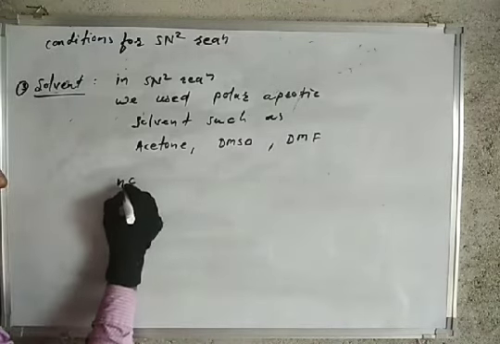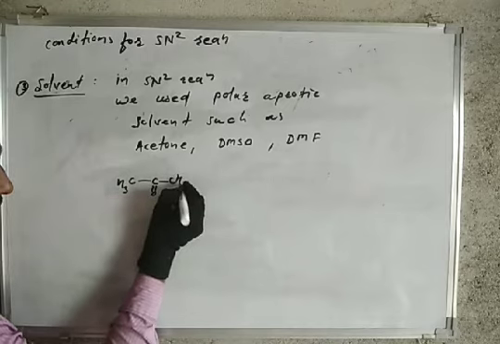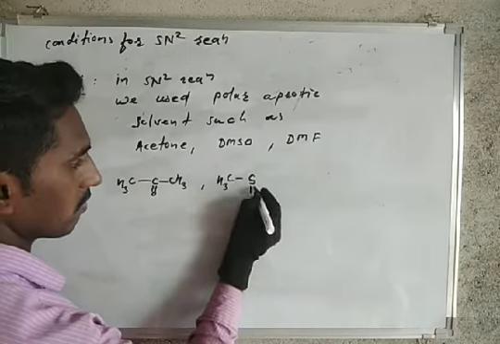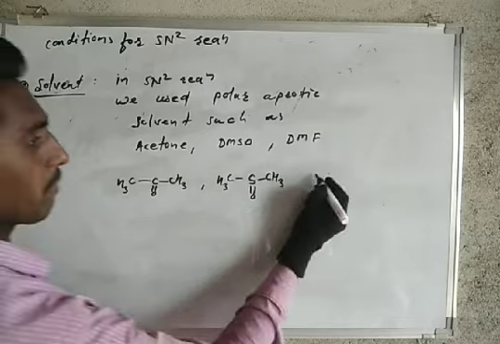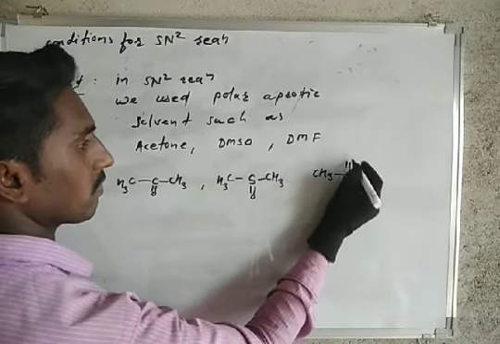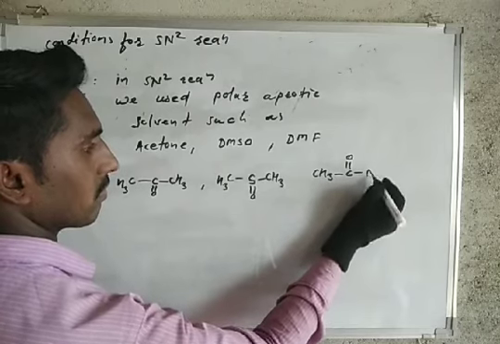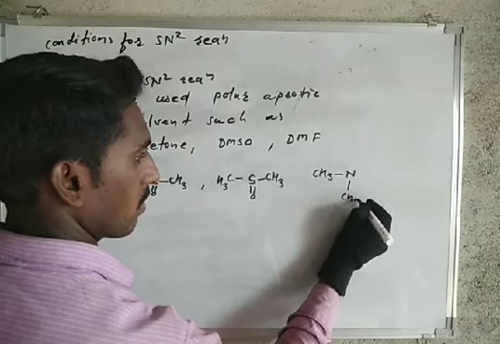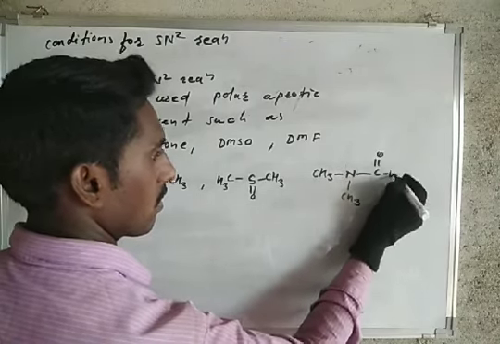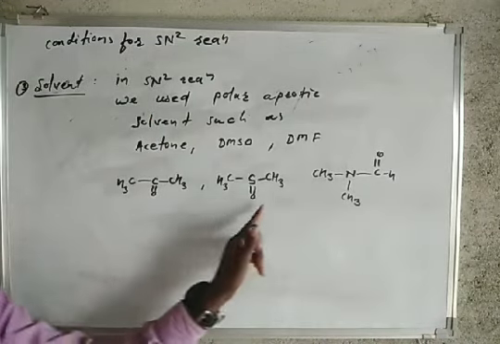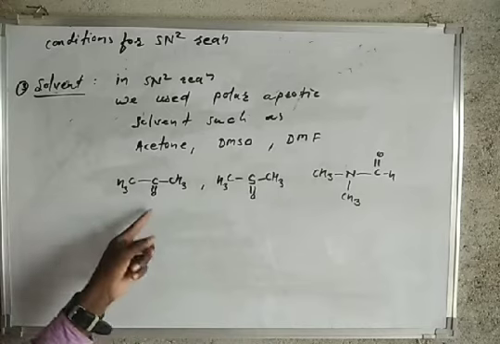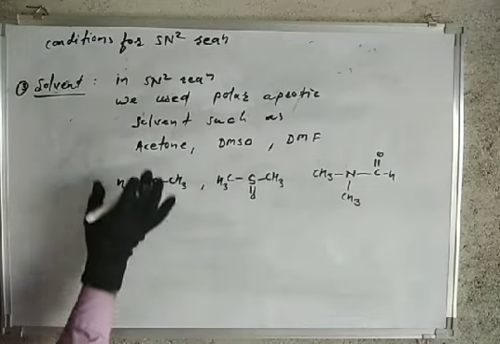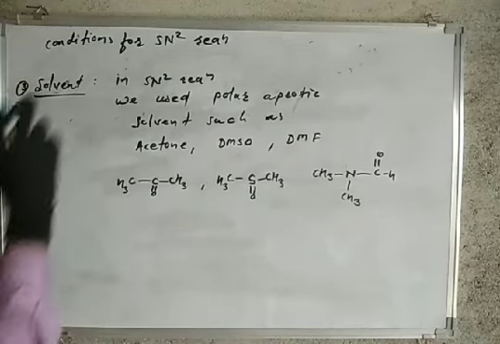Acetone, DMSO, and DMF: dimethyl sulfoxide and N,N-dimethylformamide. These are polar aprotic solvents which are used in SN2 reactions.